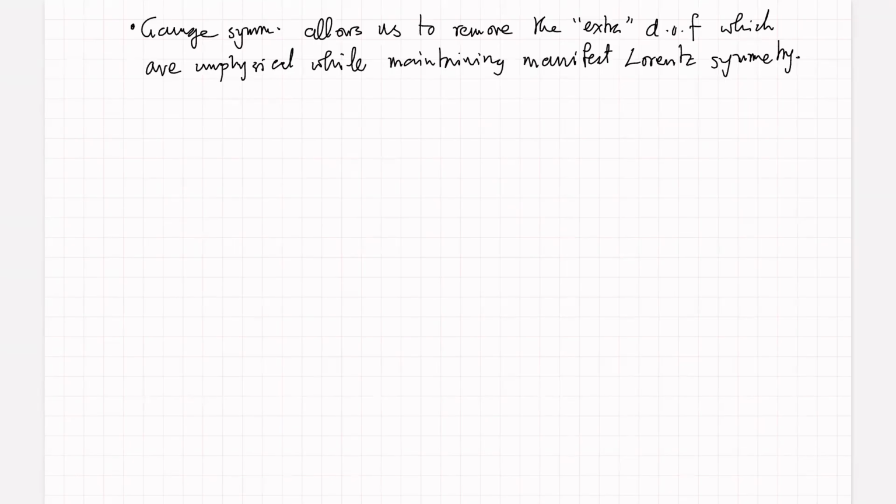So this is the most important reason why gauge symmetry has to be there.